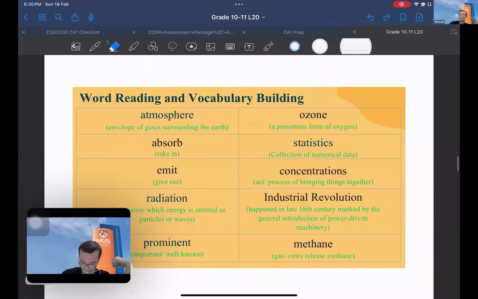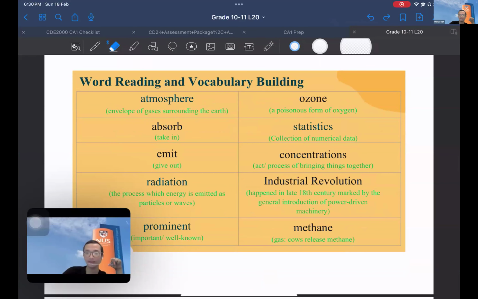We have ozone. Ozone is a type of gas actually. It's a poisonous form of oxygen. That's the official definition. But it's also a type of gas that is present in Earth's atmosphere. We also call it the ozone layer.